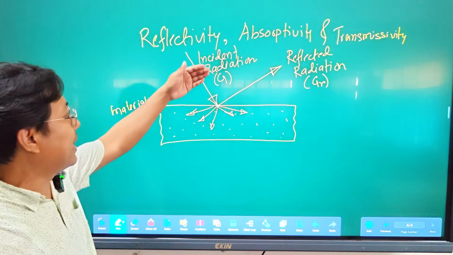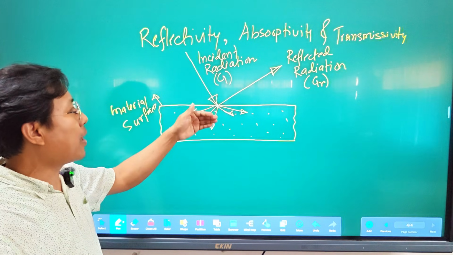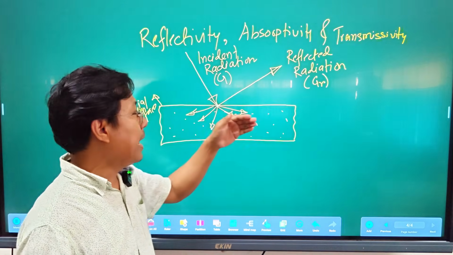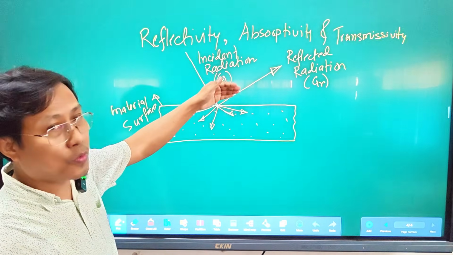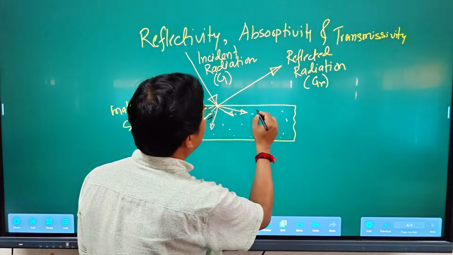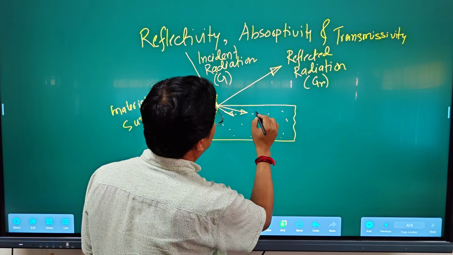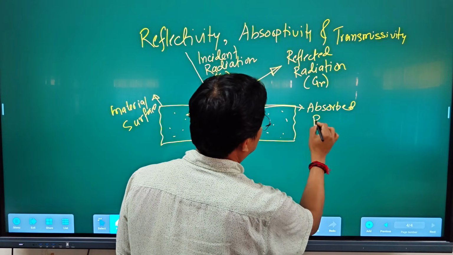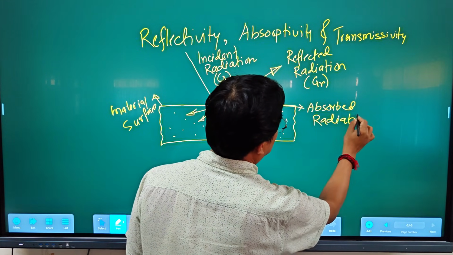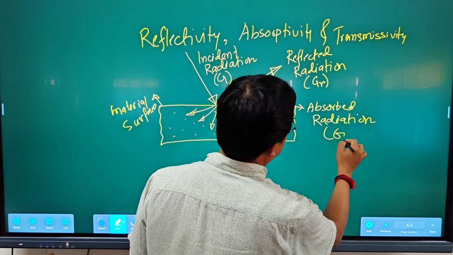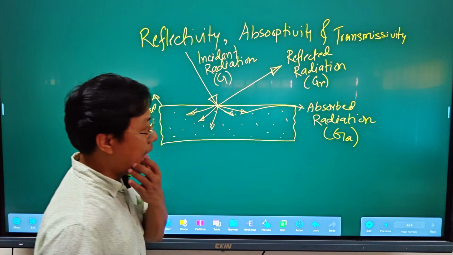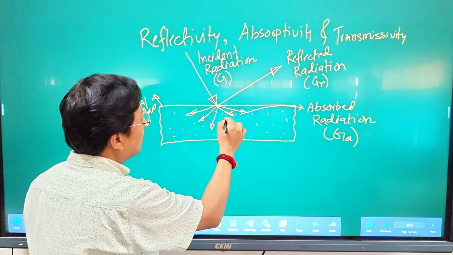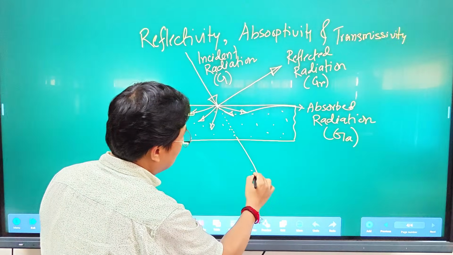So whatever incident radiation impinges on the surface, a part of the rays will be reflected, which is the reflected radiation GR, and another portion will be absorbed by this body, the absorbed radiation, denoted by GA. There will be a third portion of the incident radiation which will be transmitted through this body.